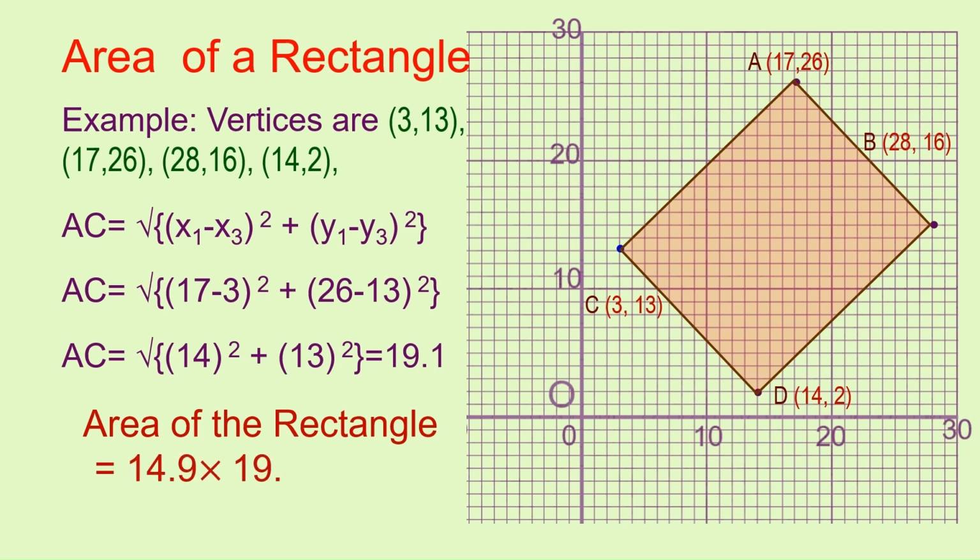Area of the rectangle is equal to 14.9 times 19.1 equals 284.6.